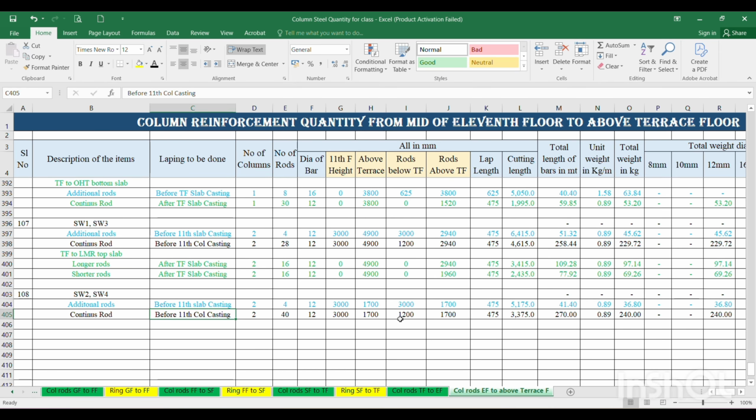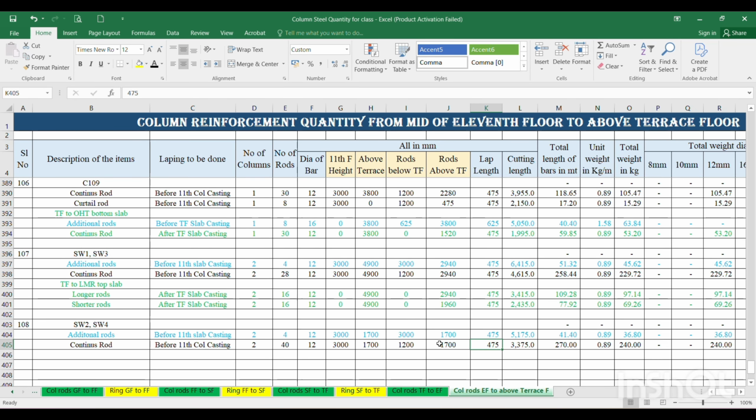This is 0.6 times for the below floor, and the complete 1700 mm has to be taken. And these additional rods are to be started from the 11th floor slab itself. So this will go up to the respective lift room slab top level. And this is the lap length.